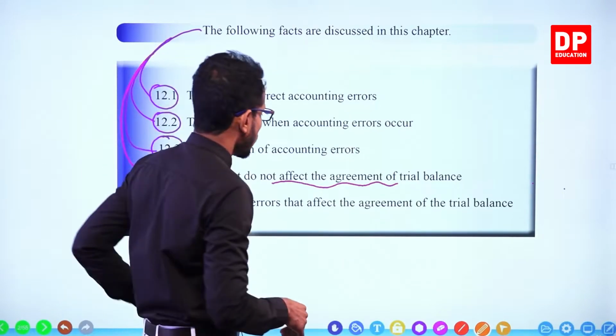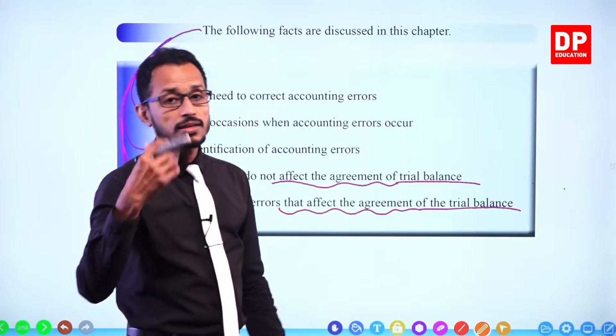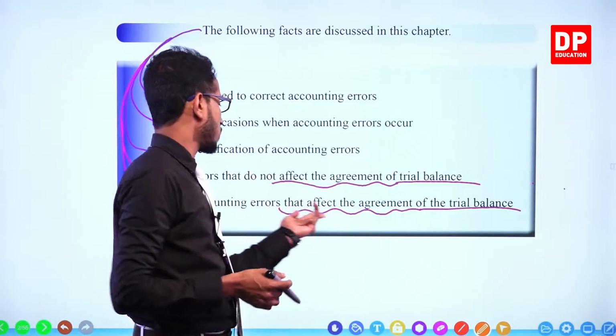Finally, we have accounting errors that affect the agreement of the trial balance. There are other errors most of the time which affect the agreement of the trial balance.